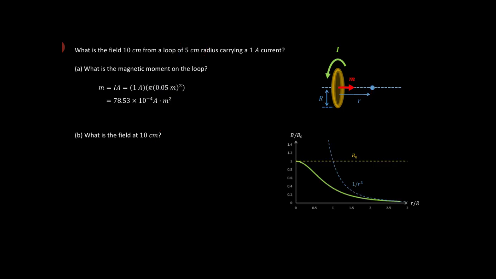Okay, so like I said, the field is going to be mu naught over 2 pi times m over r squared plus r squared to the 3 halves. That's because the total distance is this thing, right?